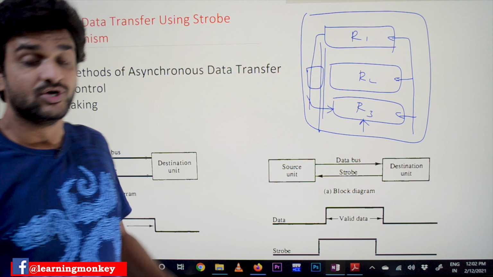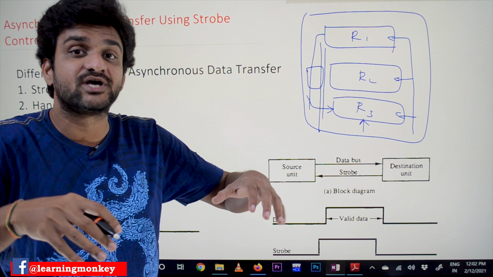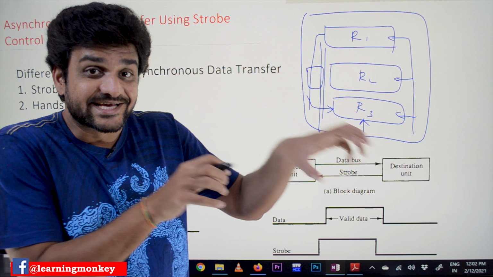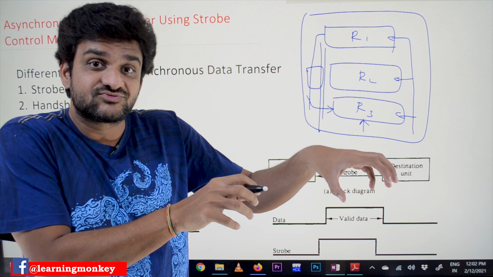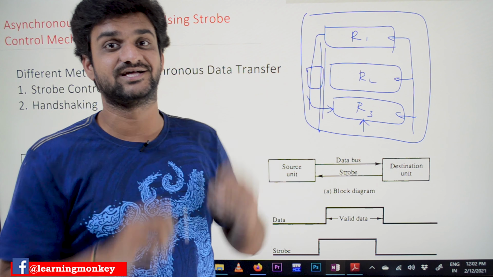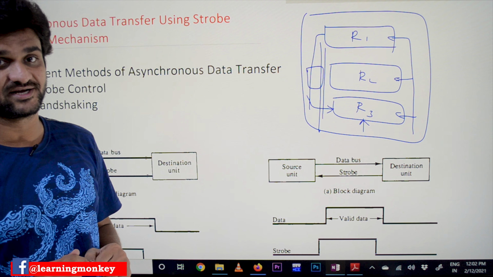So all the components of the computer are in synchronization with the clock signal. This kind of data transfer among the components of the computer is what we call synchronous data transfer. So what is meant by asynchronous data transfer?